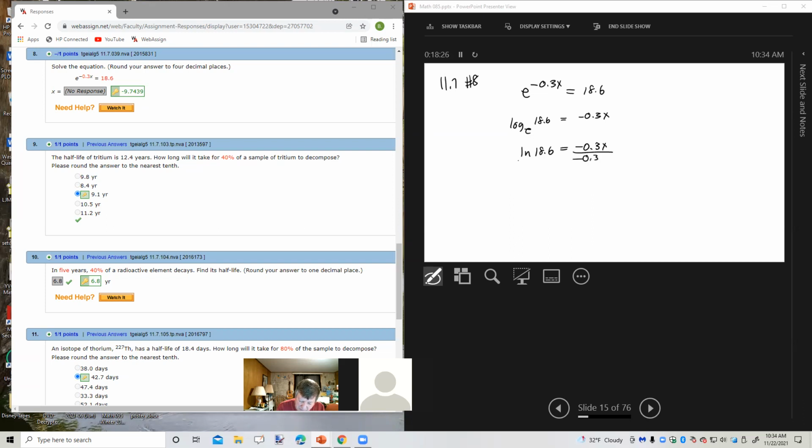Divide both sides by negative 0.3, and we get x equals the natural log of 18.6 divided by negative 0.3.